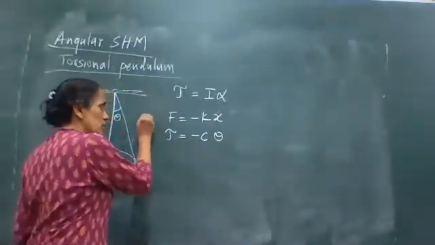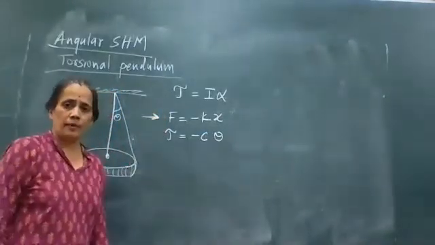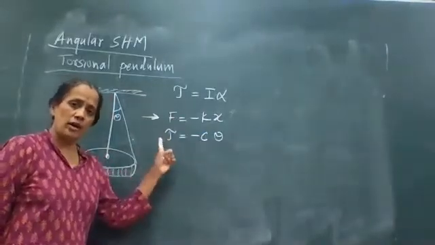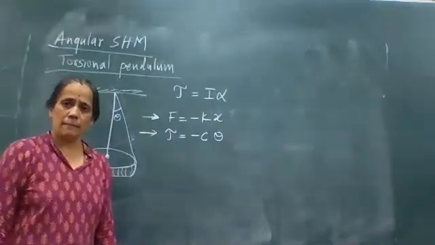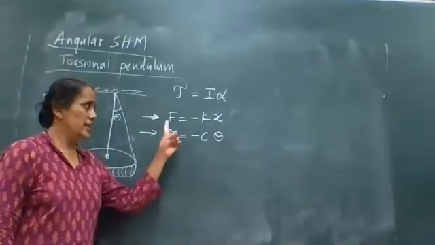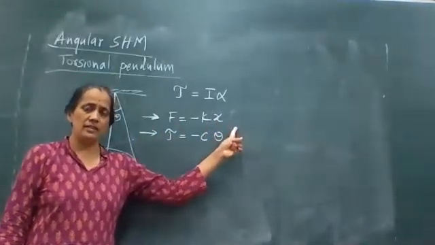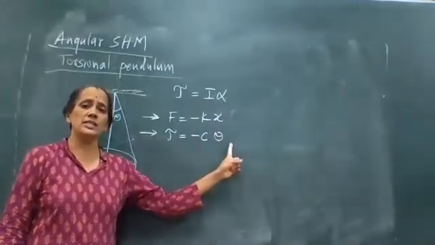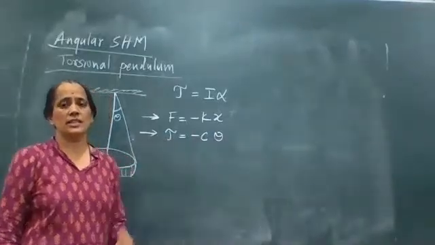So this we have already studied in linear SHM. For linear SHM, force is required. For angular SHM, a torque is required. Right? So in linear SHM, force is equal to minus Kx. Therefore, in angular SHM, torque tau is equal to minus C theta. C is the torsional constant, theta is the angle.